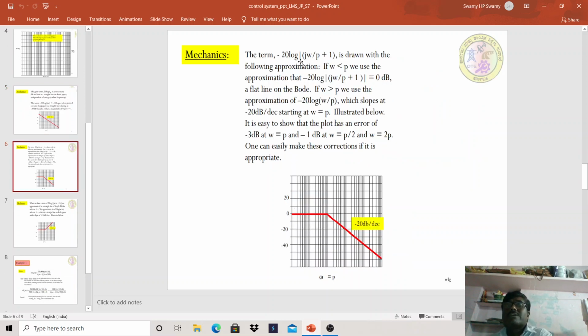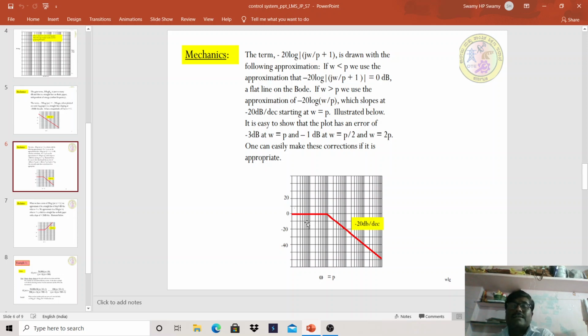The term 20 log of j omega by p plus 1 is drawn with the following approximations. If omega is less than p, we use the approximation minus 20 log of j omega by p plus 1 equal to 0 dB.